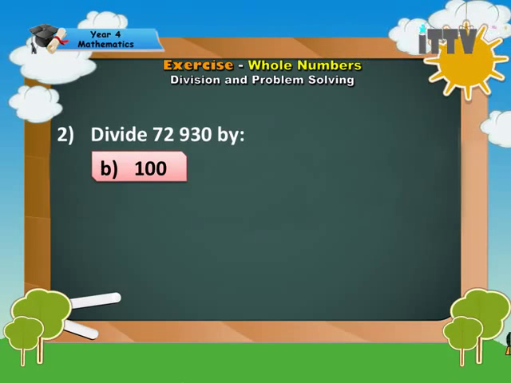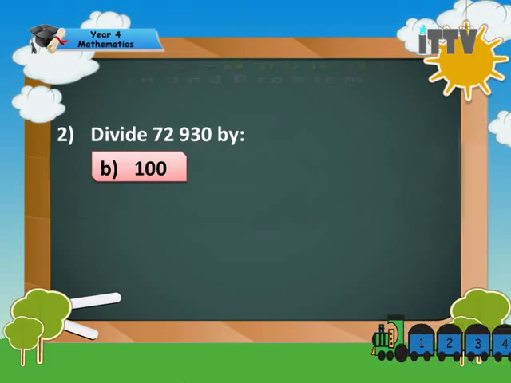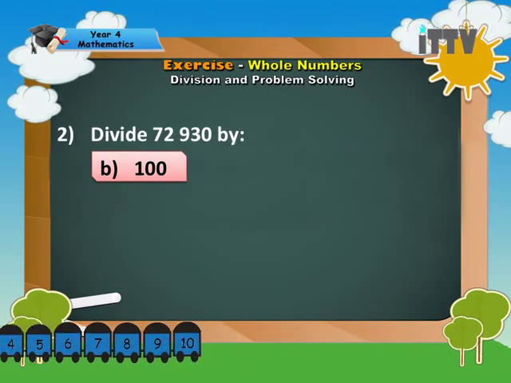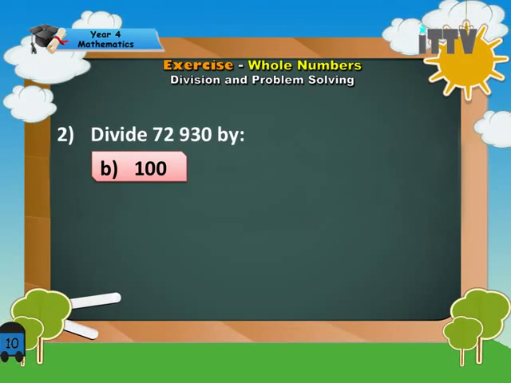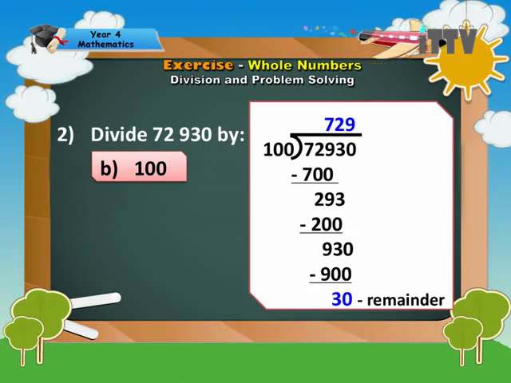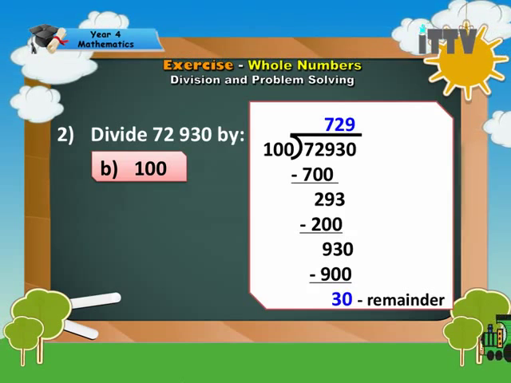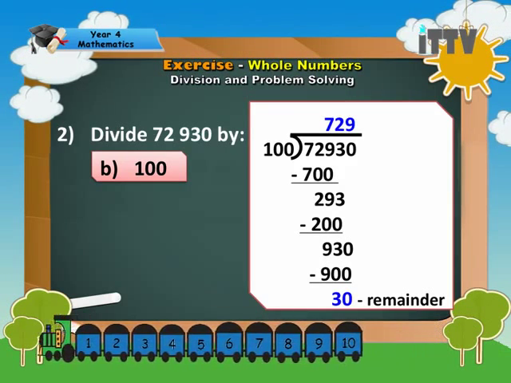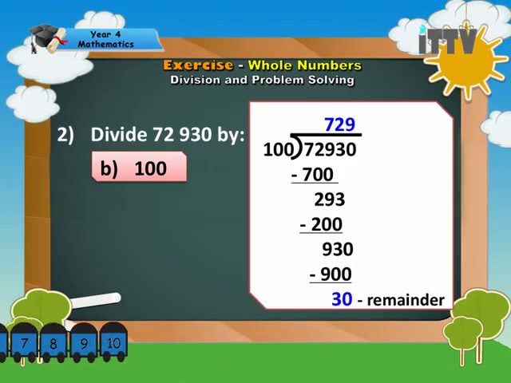7,293. B, when you divide the number by 100, you can see that there are not enough zeros, so you have to use long division. 72,930 divided by 100 will give you 729 with the remainder 30. Check your answer.